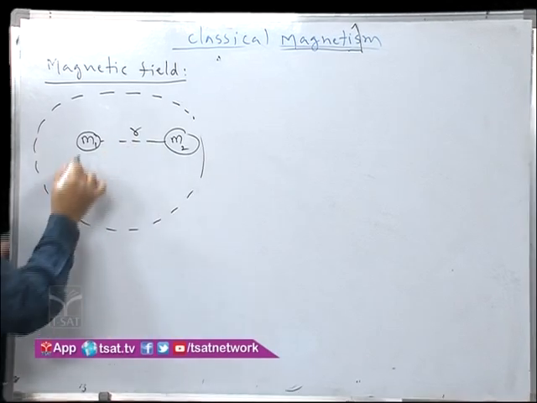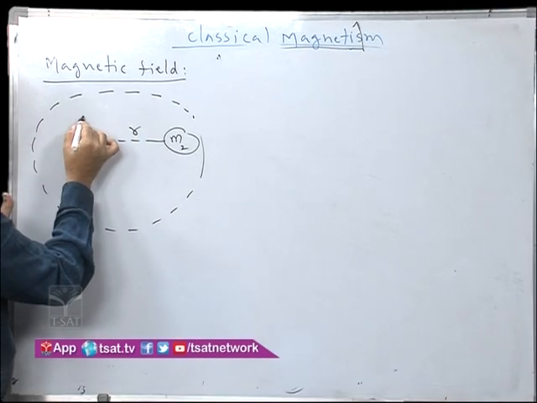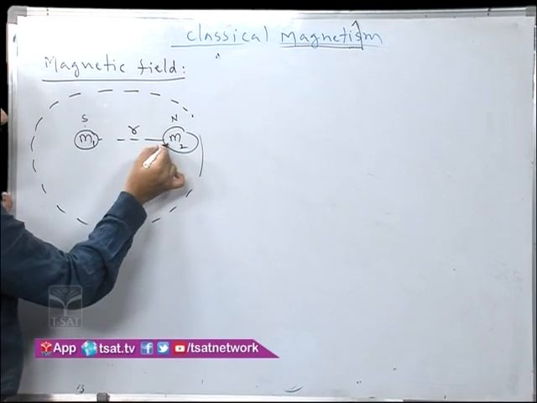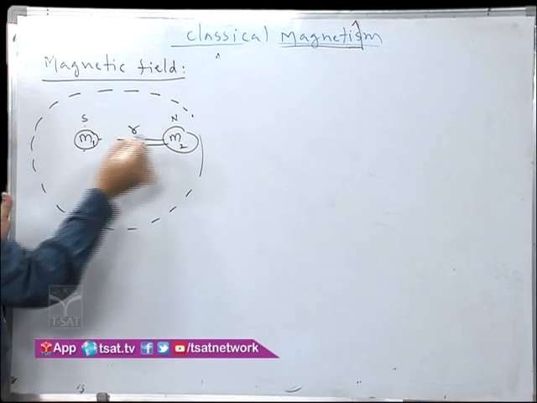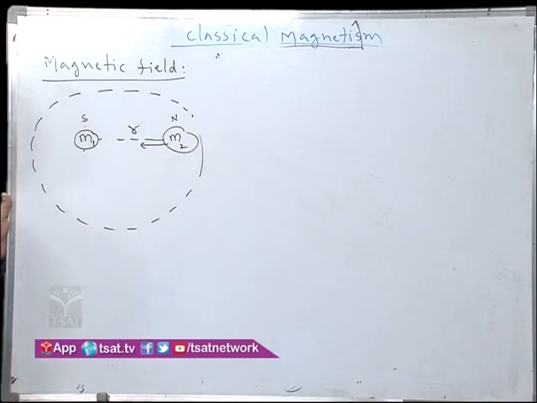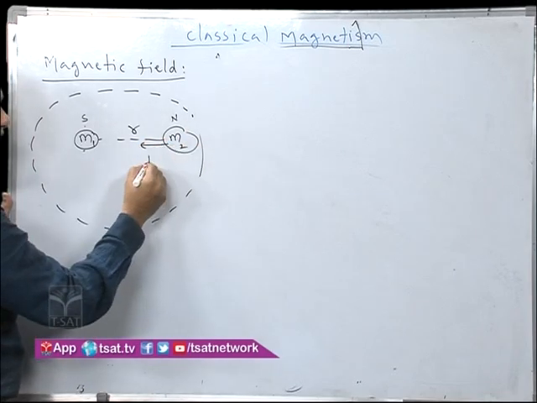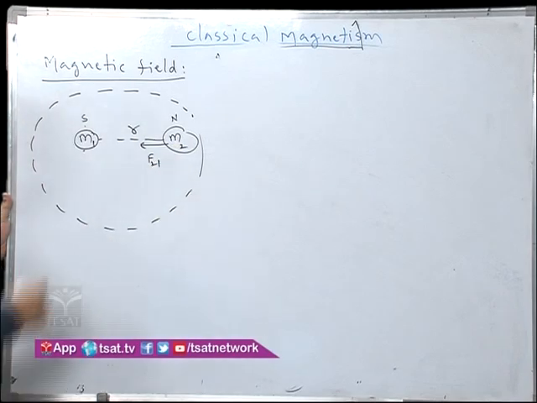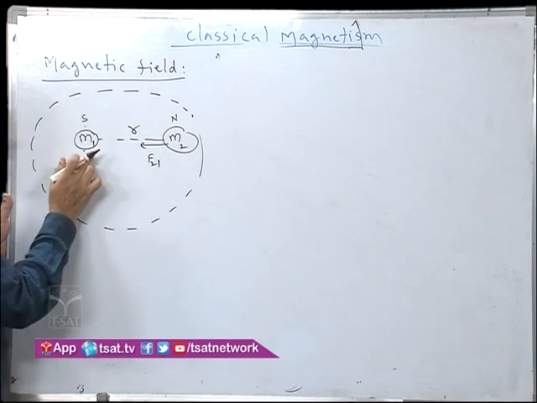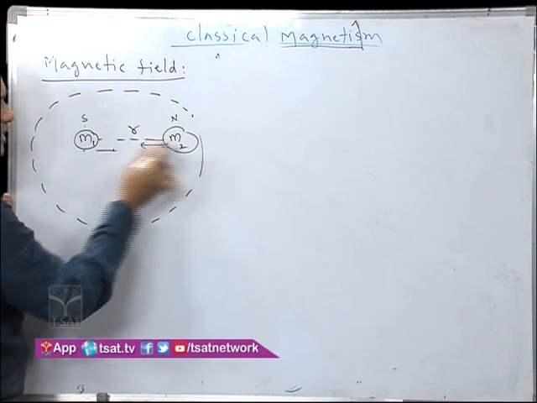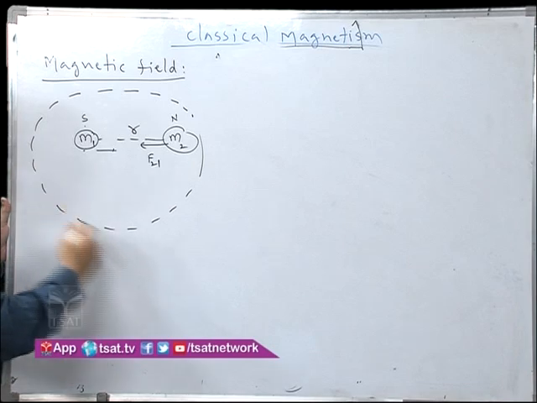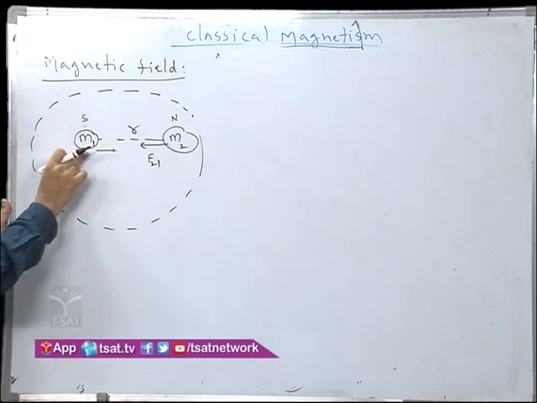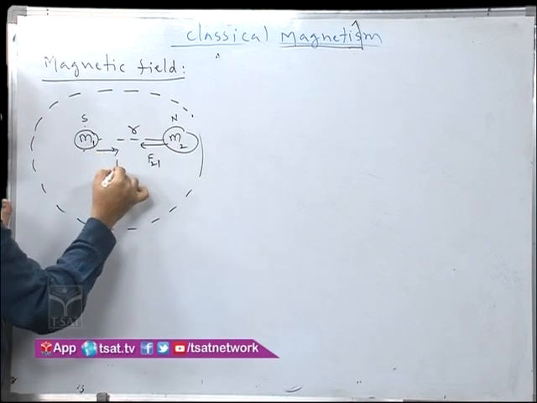Then what happens if these two are unlike poles, say this is south pole and north pole? The m2 is attracted by this m1 because m2 is in this field. How much force acts on the second pole by the first pole, F21. The same amount of force acts on the first pole by the second one, because the field is formed due to the m2 pole, and m1 is placed at this position, the force experienced on the first pole by the second one, F12.